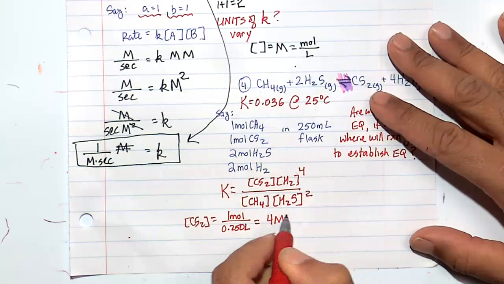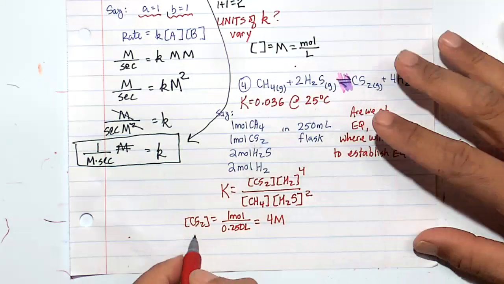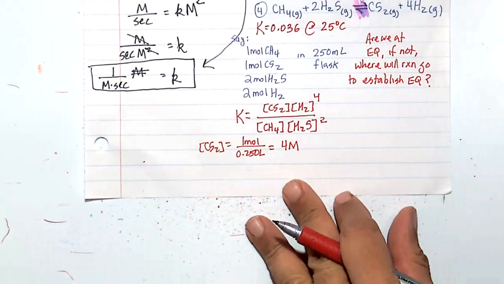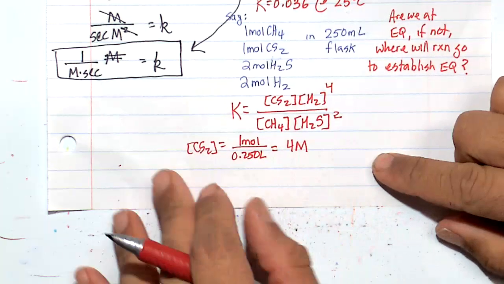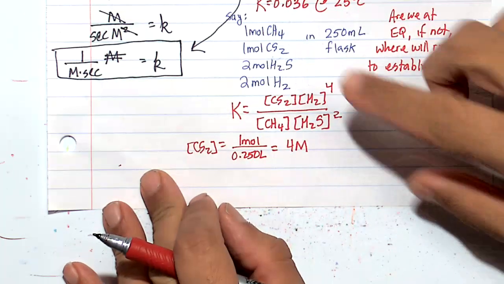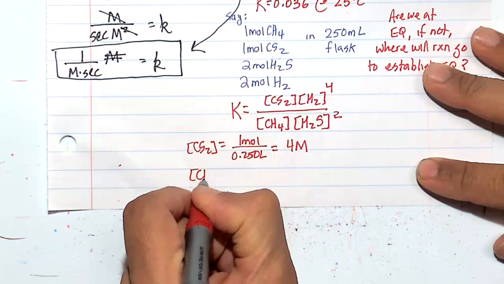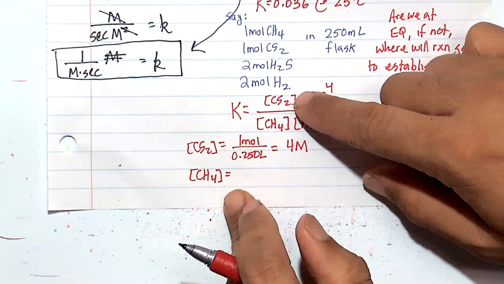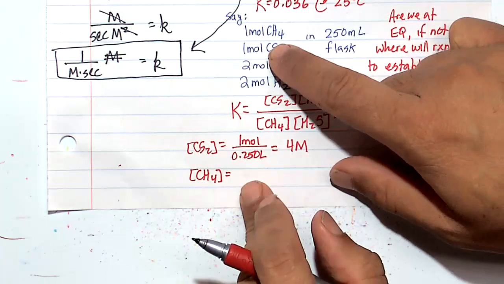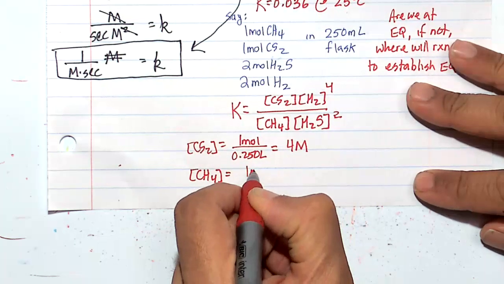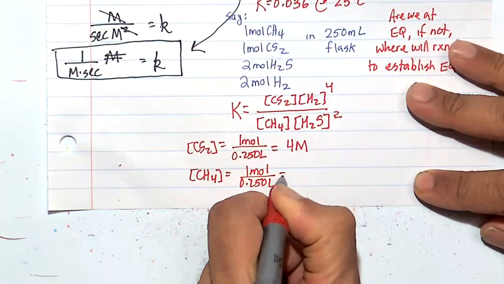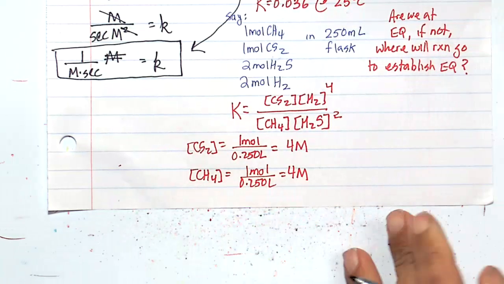So this gives us 4 M. The concentration of CH4, again, it's not 1 mole that goes in here. It's moles over liter, so it's going to be 1 mole over 0.250 liters. That's also 4 molar.